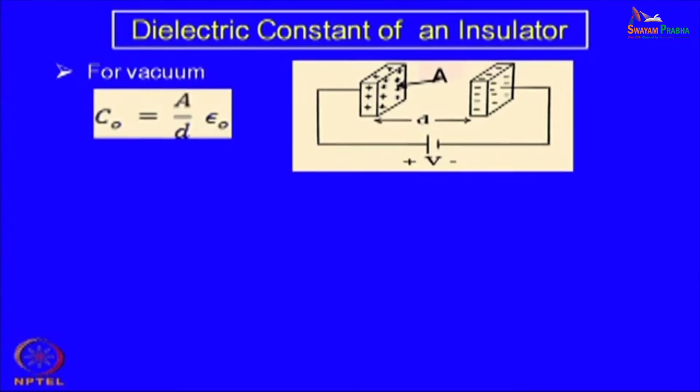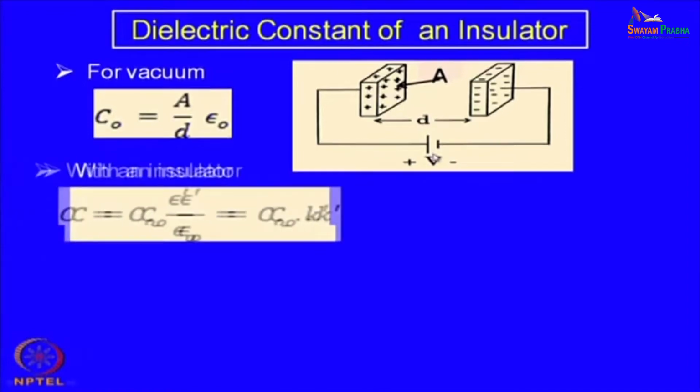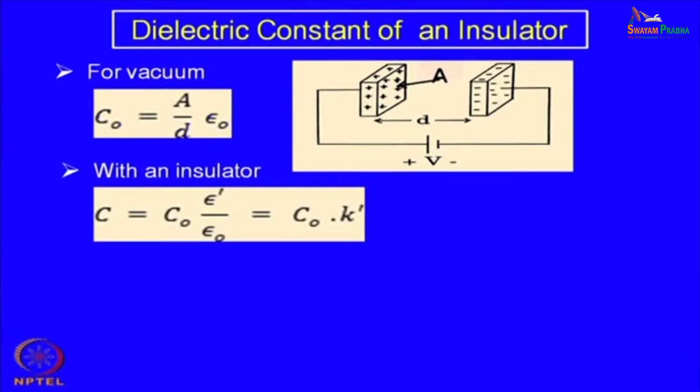If you have a vacuum, then vacuum has some kind of insulating property, and that dielectric property is characterized by epsilon 0, which is known as the permittivity of free space. It is a constant, and we will come across this particular term repeatedly during our discussion.